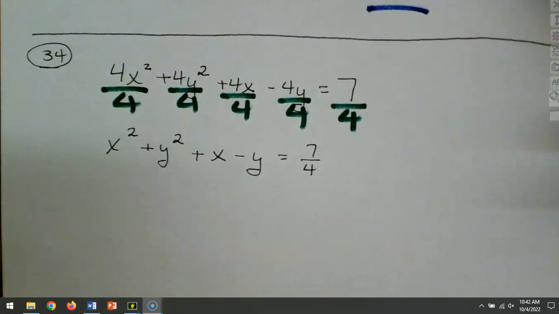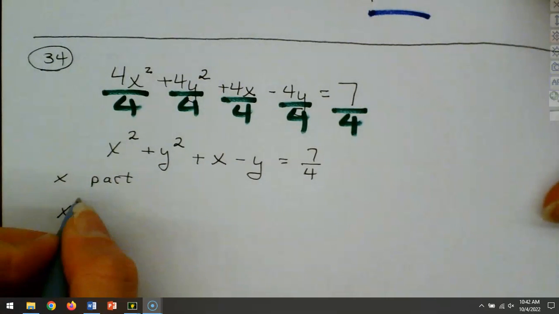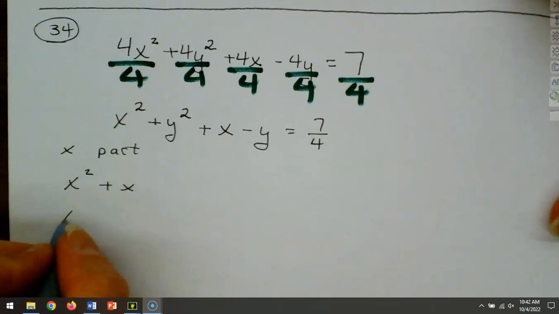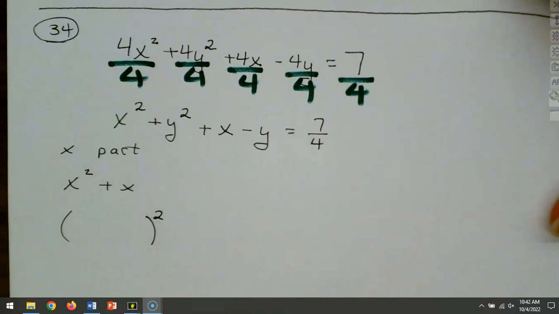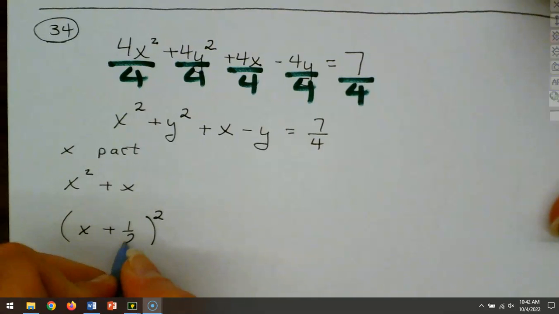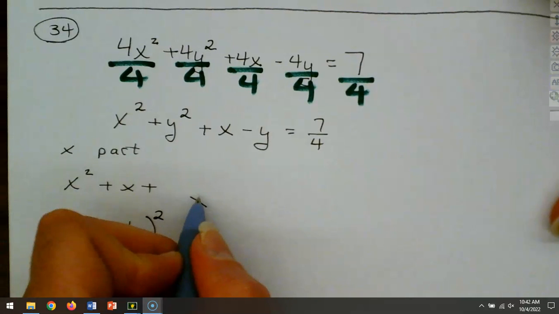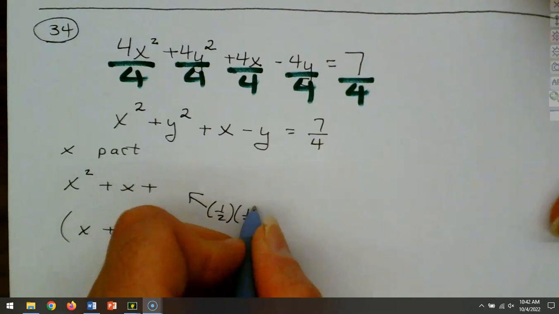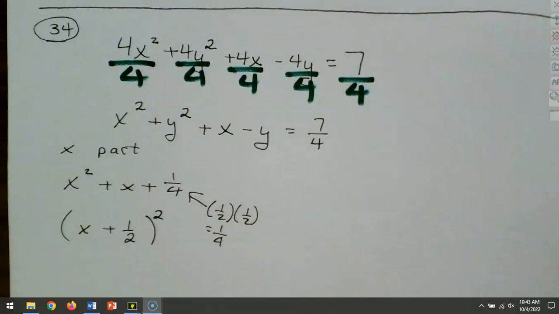Now we look at the x part. We've got x squared plus x. And this one's actually a little bit easier. So what's half of 1? 1/2. So that comes down as an x plus a half. And what are we going to have to add in? A half times a half, which is 1/4. So 1/4 has to be added in.